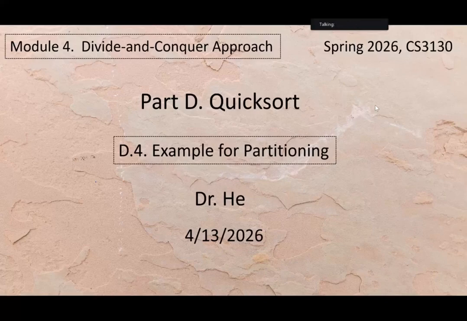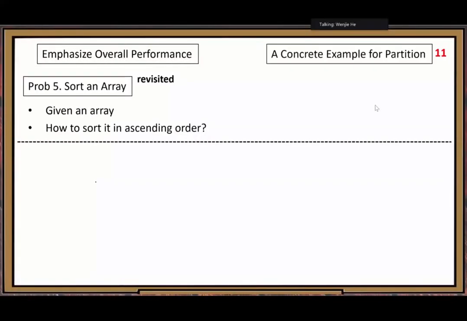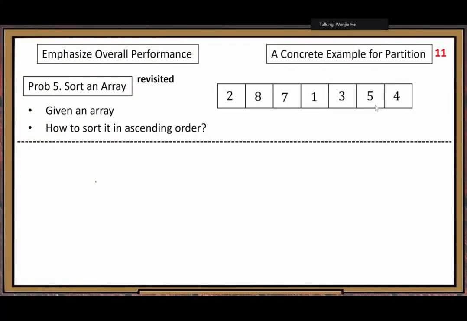Very straightforward. We need a concrete example to see how to manipulate the data step by step. Let's look at a simple concrete example. Look at this array.